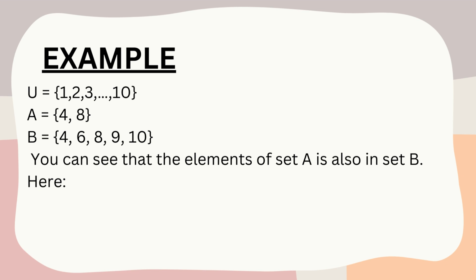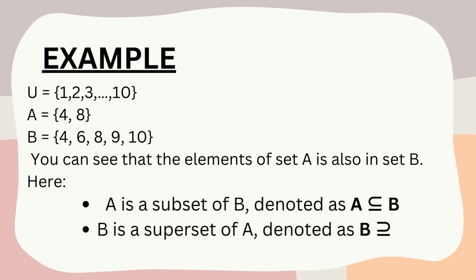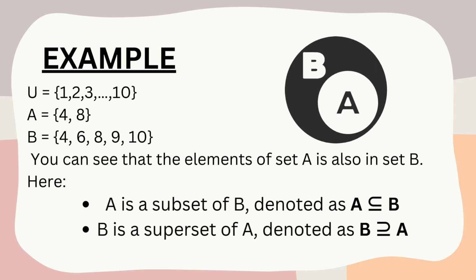To know whether A or B is a subset, and which would be a subset of which set, you compare the elements. You can see that elements 4 and 8 of set A are all present within set B. Therefore, A is a subset of B, and B, on the other hand, is a superset of A. To represent this on a Venn diagram, you remember the definition of a subset.